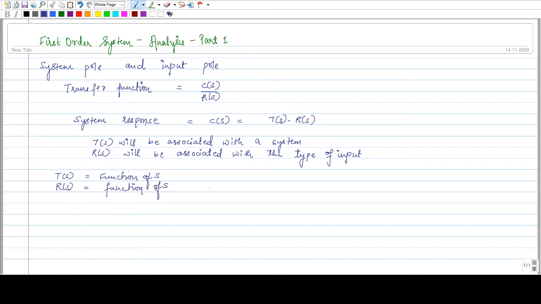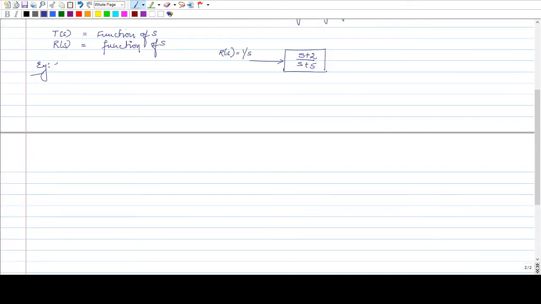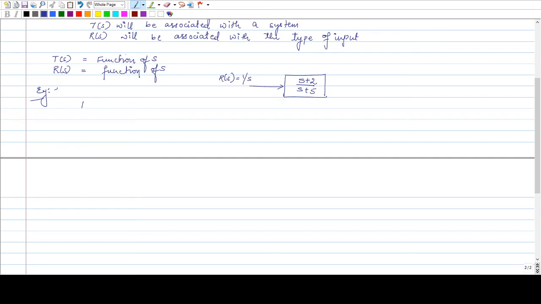I'll just take an example so that it is easier to understand. This is my system, and the system is represented by the function S plus 2 divided by S plus 5. And the input to this, that is R of S, is equal to 1 by S. So your T of S, the transfer function of the system, is equal to S plus 2 by S plus 5.